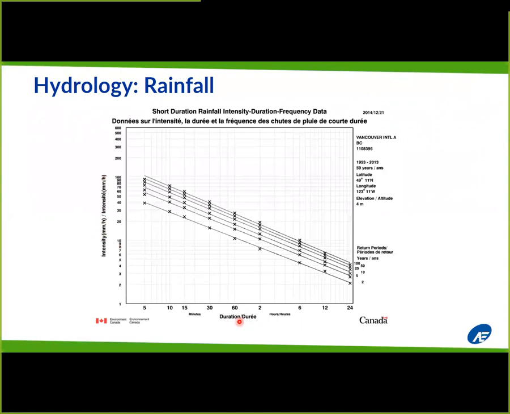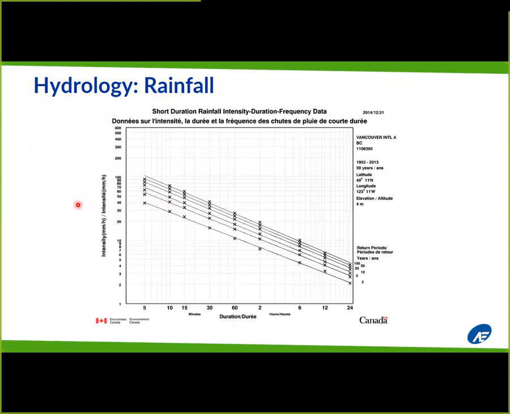So for example, City of Surrey, their design standard is a storm that happens once every 5 years, a 5-year return period. And that would be different than, say, City of Burnaby, which picks the 10-year and so on. So we would use a graph like this to go and select a design storm that we would use, and then we would put that into a hydraulic model and go from there.